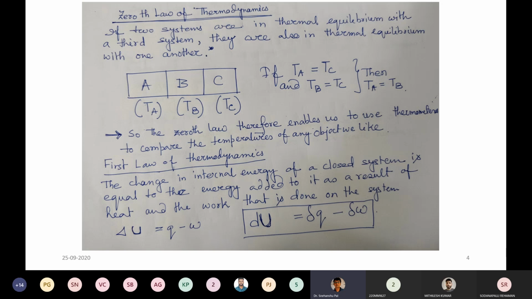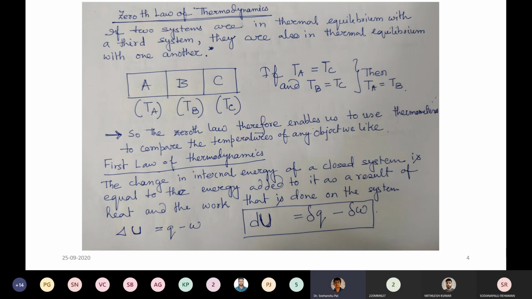This is a very important statement. This law helps us use a thermometer, take the reading, and compare the temperature between two objects. Whatever object we want to measure, this measuring process is acceptable due to the Zeroth Law of Thermodynamics.